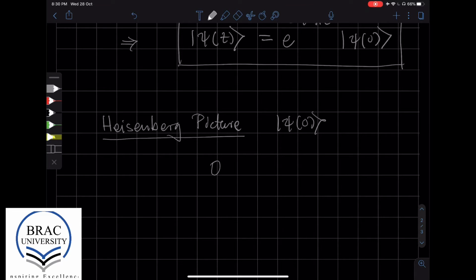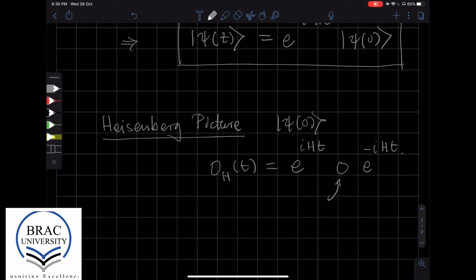And the Heisenberg operators, which are the observables, are taken to be functions of time. And these operators are defined to be the time evolution operator conjugating the operator in the Schrödinger picture. So it'll be something like O_H(t) equals e to the power i H t times O, this is the Schrödinger picture operator, times e to the power minus i H t.